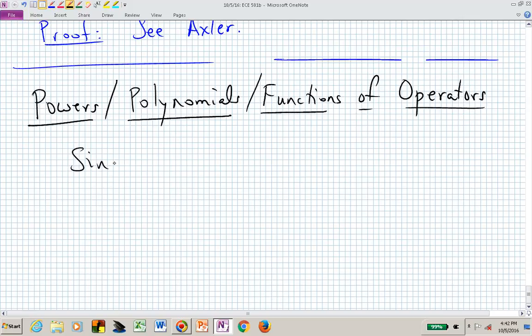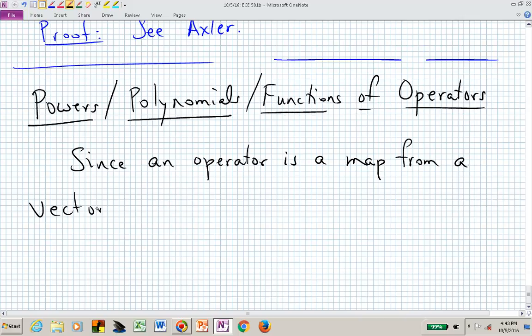Since an operator is a map from a vector space to itself, then it's okay if we continually apply that linear map to previous outputs of that linear map.